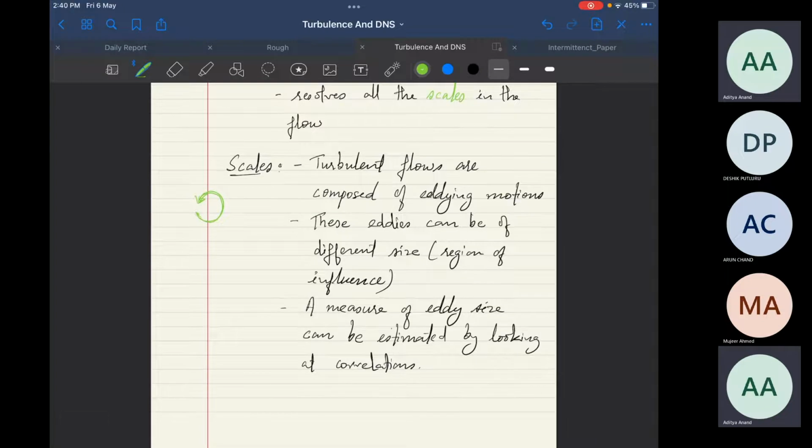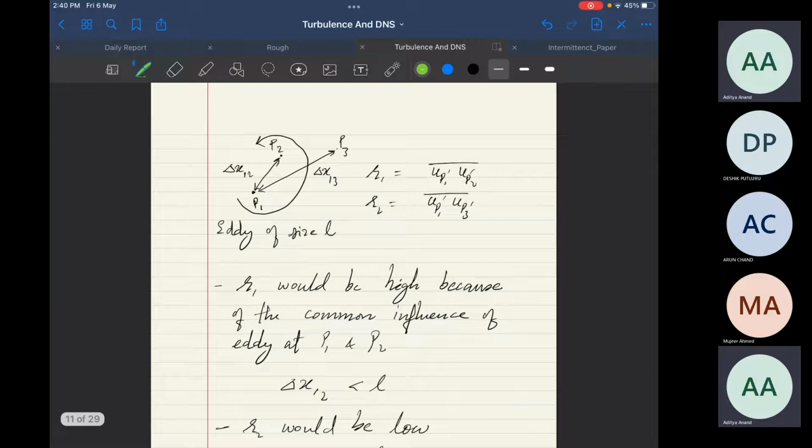Now we can get an estimate of the size of that eddy by looking at the correlations. Correlations are these u prime v prime products averaged in time. So how do these correlations give you an estimate of the size of an eddy?